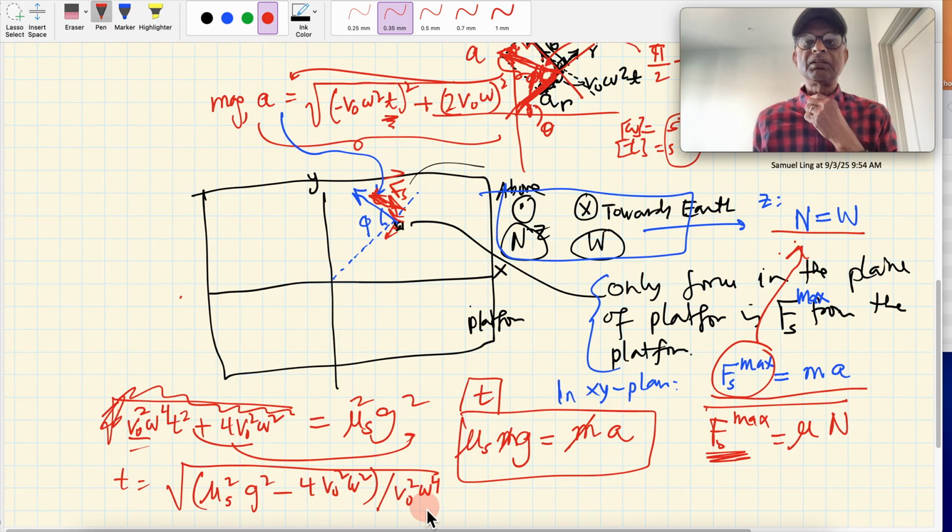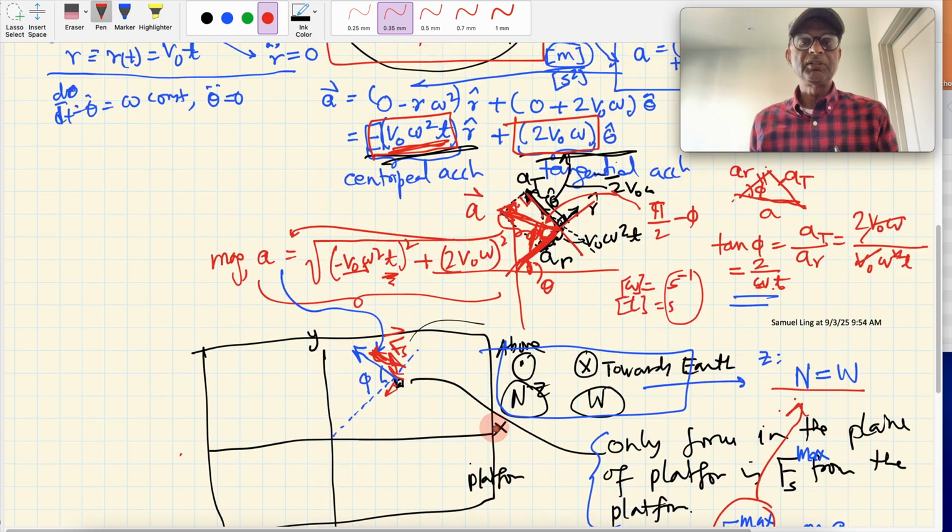Is that what turned out? Yeah, so v naught omega is common to that. Okay, so that will be the answer. I'm not going to simplify it. You can do it.